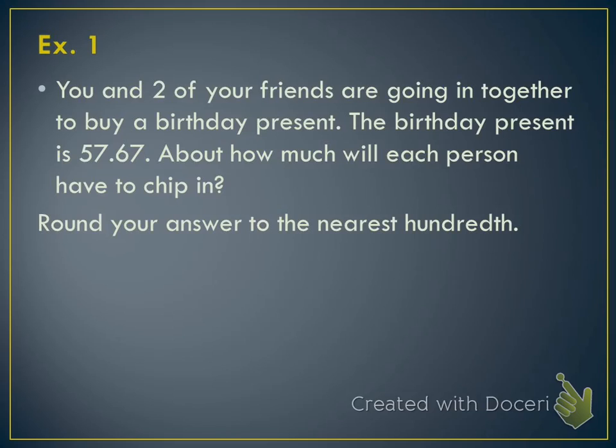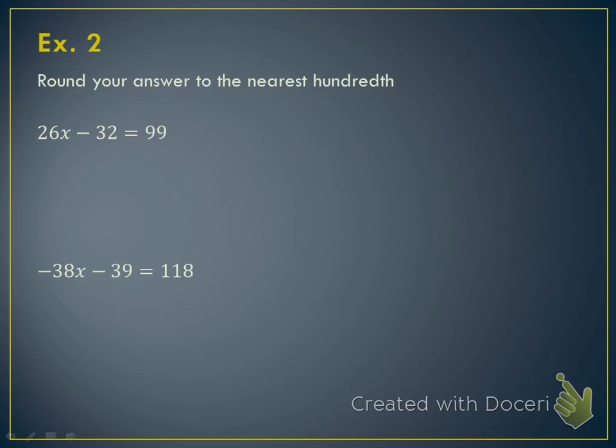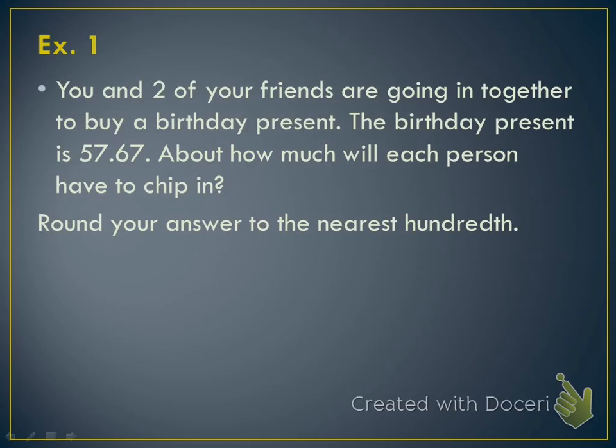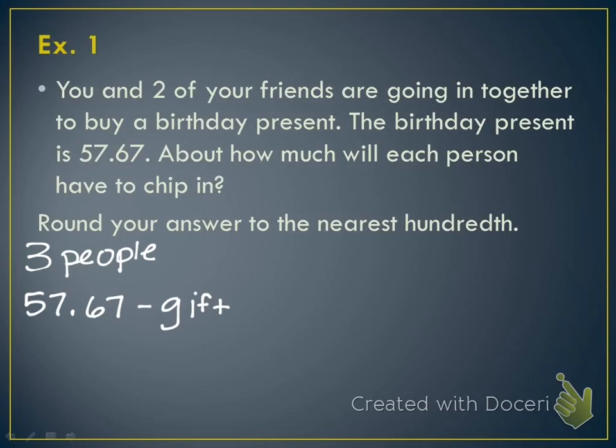How could I write an algebra problem to solve this equation? First of all, let's talk about what I know. I know that there are 3 people. I know that the gift costs $57.67. And I know we want to find out how much to pay. But do I know how much each person is going to pay? No. So that's my variable.